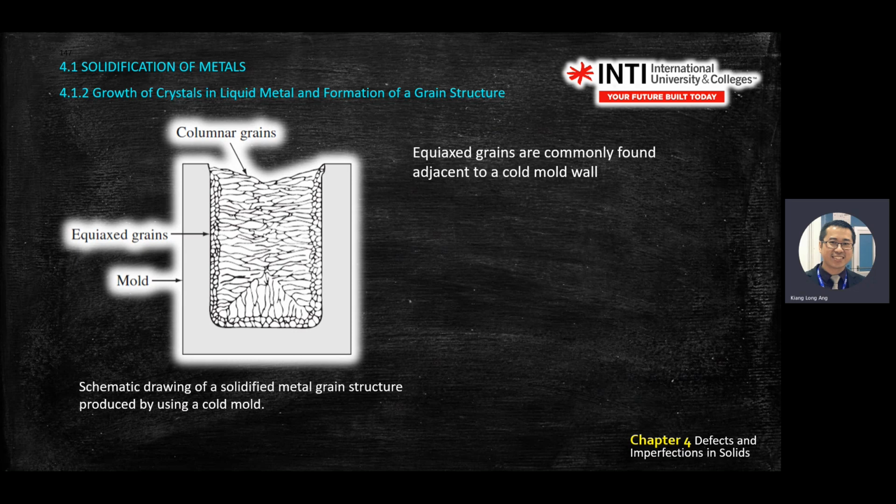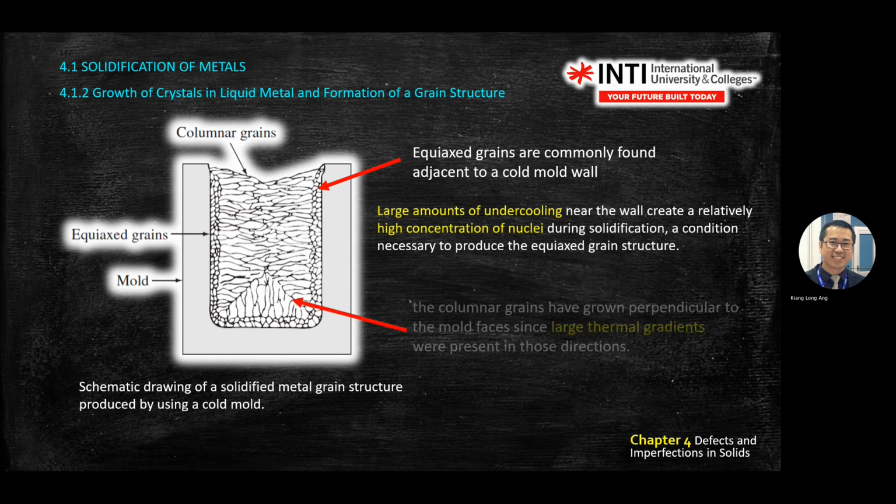When you solidify at the surface, the grains are in the same direction as the cooling. Then as you grow inside, because of the space, you will see a column shape that grows toward the center of the container.